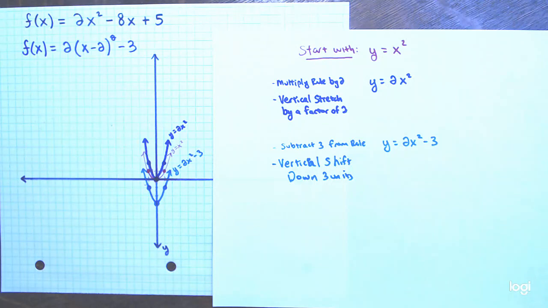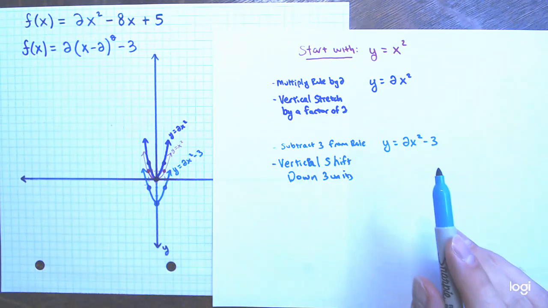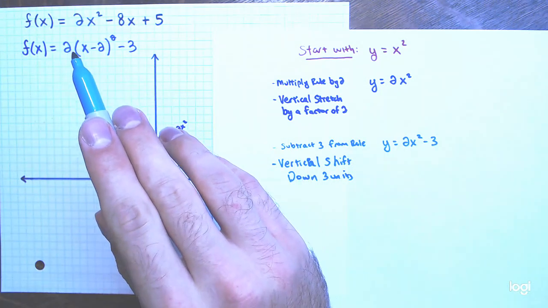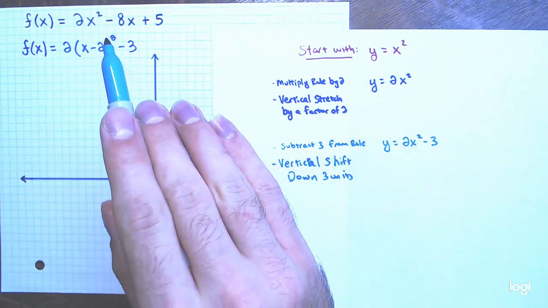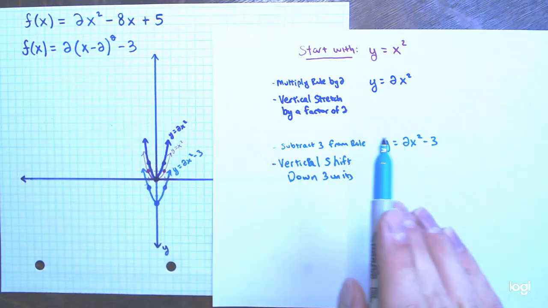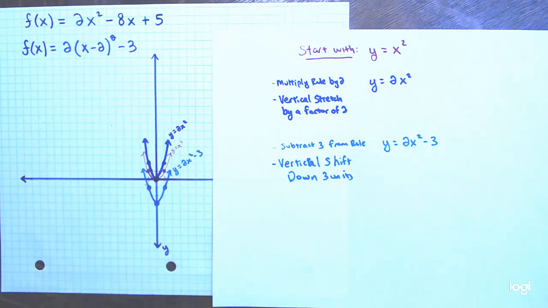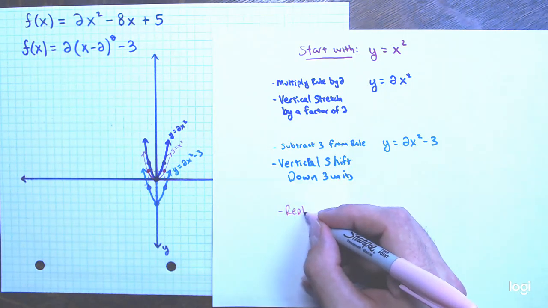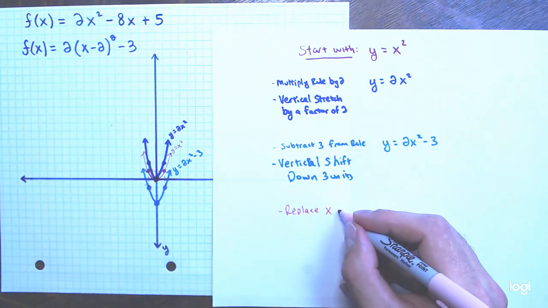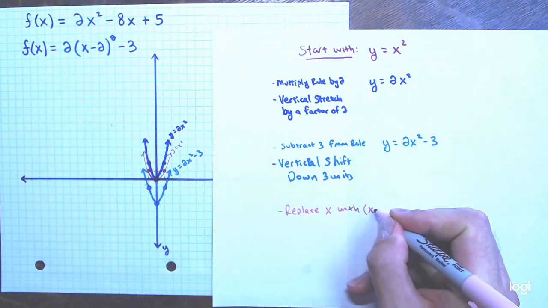And then the last thing I need to do, because I've got the times 2 in front of the square, I've got the -3 after the square, but the thing being squared is not the same. This has x squared, this has x minus 2 squared. So I must replace the x with the quantity x minus 2.